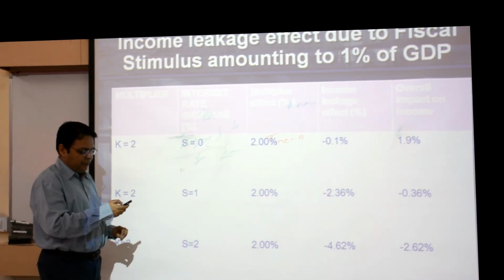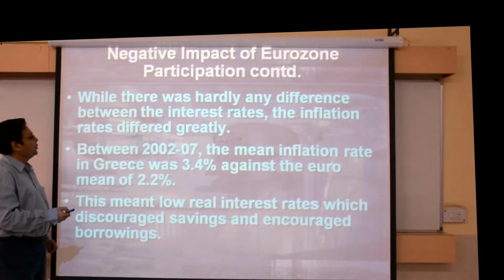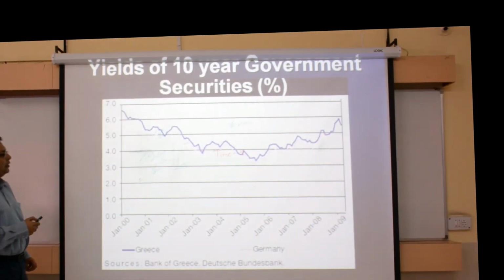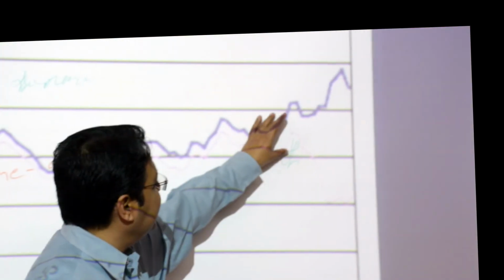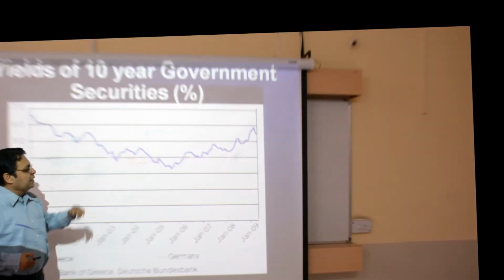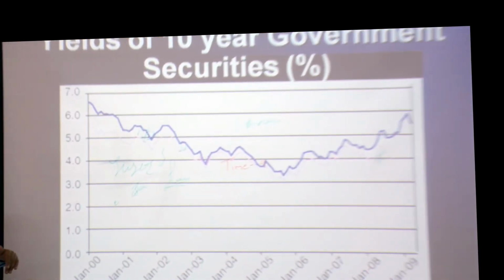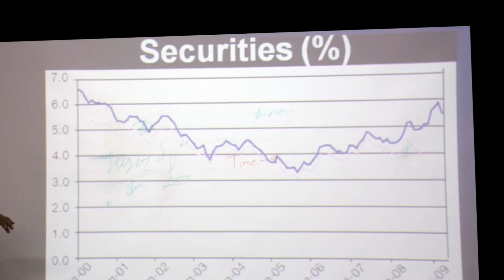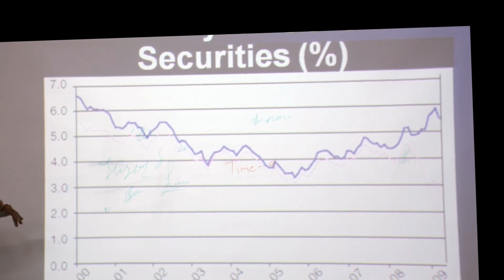Now, let us go back to the diagram which we saw in terms of interest rate. Post 2008, suddenly you can see that there is a great divergence between interest rates of Greece and Germany. The interest rates in Greece started going up.